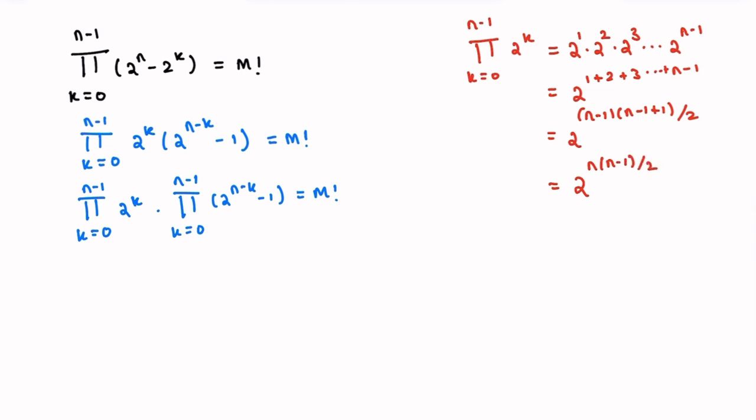Okay, awesome. So now we can write this as 2^(n(n-1)/2) times the product from k = 0 up to n - 1 of (2^(n-k) - 1), and that is equal to m factorial.